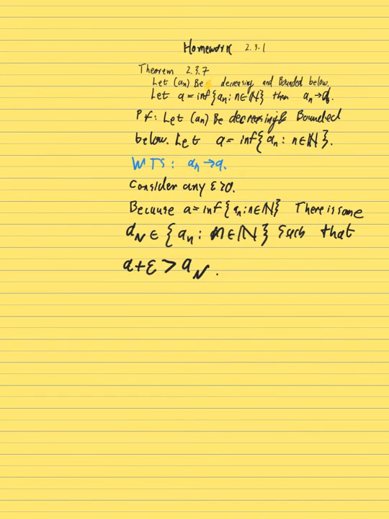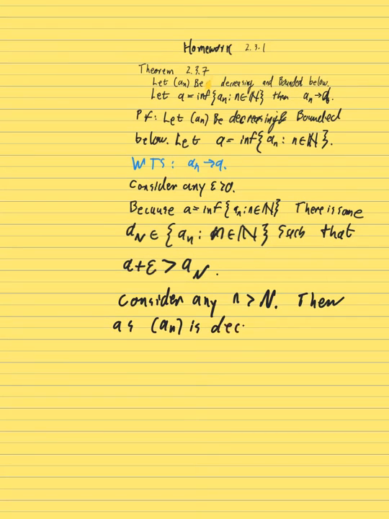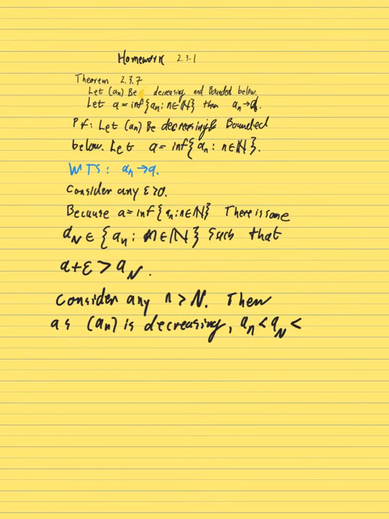Now that I've come up with big N, I should consider any little n bigger than this big N. Then, as A sub n is decreasing, A sub n is less than A sub big N, which is less than A plus epsilon.